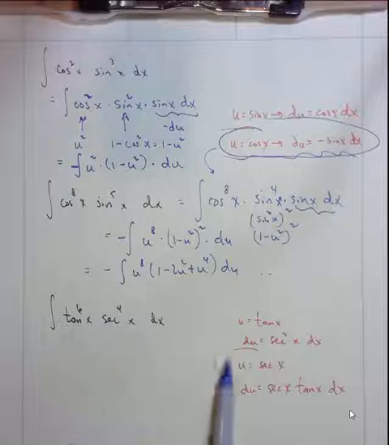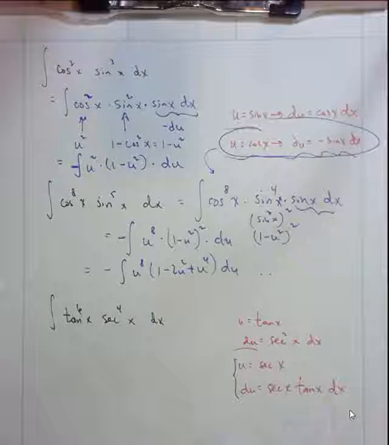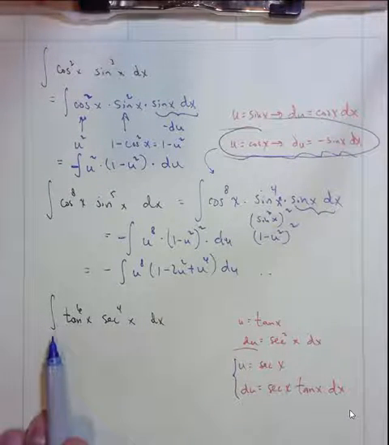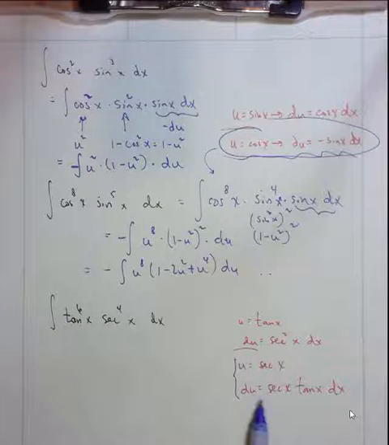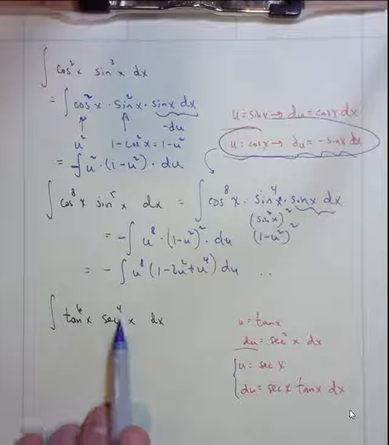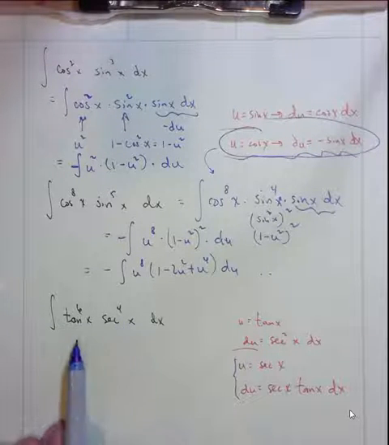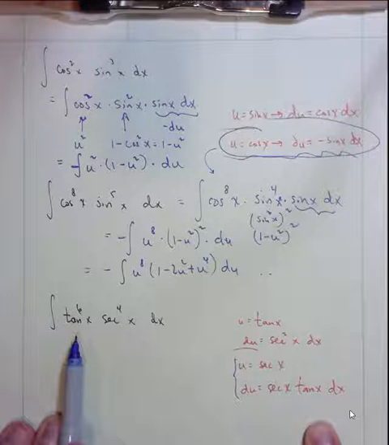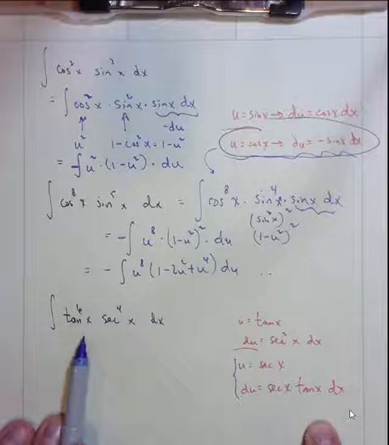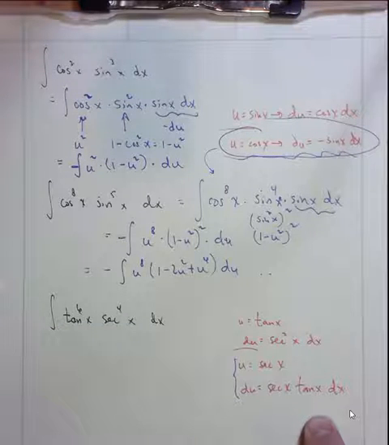So to apply this substitution to this antiderivative, a secant and a tangent have to stay reserved for du. So the 3 remaining secants would just be u cubed. But if I've reserved one of these tangents to go along with the du, that means I have 5 of them left. And I can't convert 5 tangents over to secants. I could convert 4 or 6, but not 5. So that substitution isn't going to work.